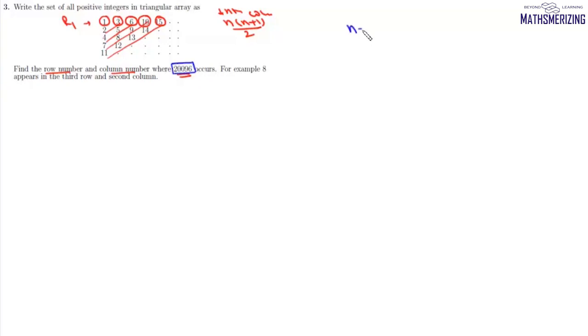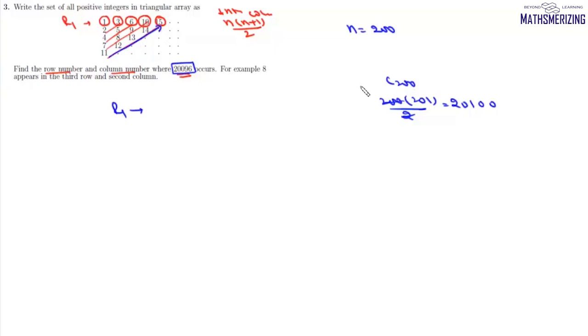Now if we take n as 200 in first row and 200th column, the number will be 200 into 201 by 2, which is 20100.